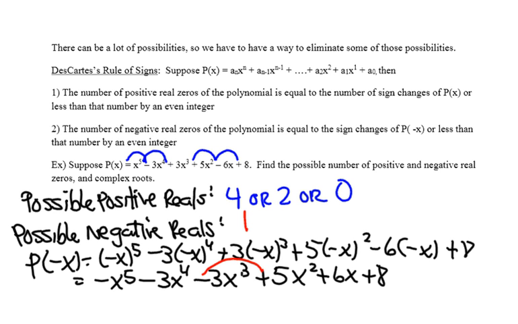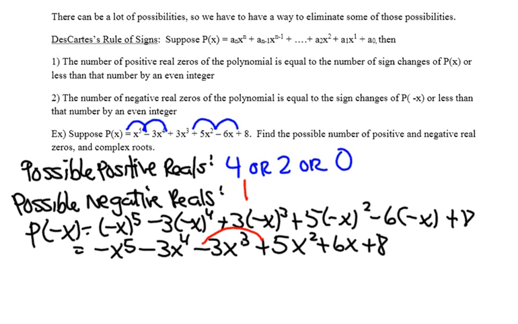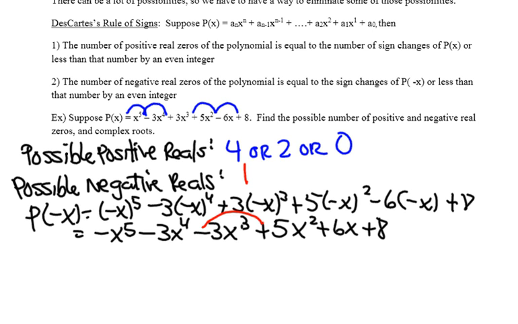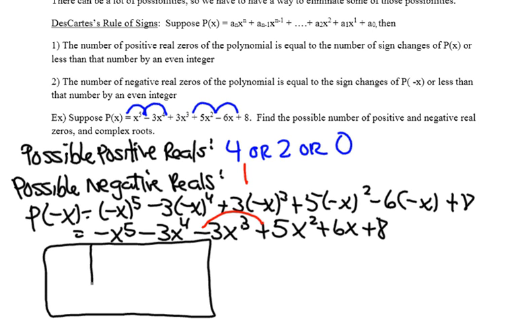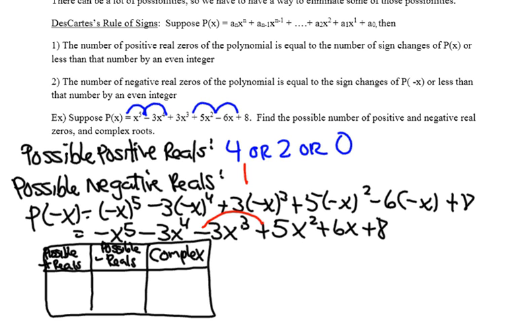Now, what I would like to do is to set up a table for all my different possibilities. So I'm going to draw this. I'm going to call this possible positive reals, possible negative reals, and complex.